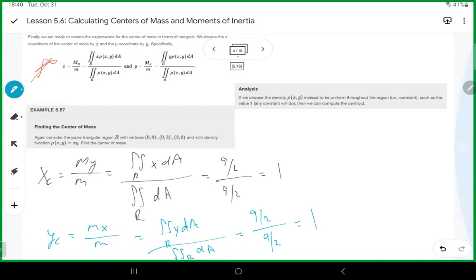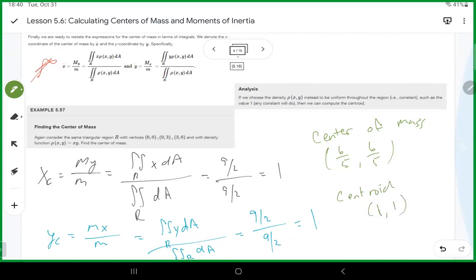All right, so notice that the center of mass is 6/5, 6/5. It is not exactly the same as the centroid of the triangular region, which is 1, 1.